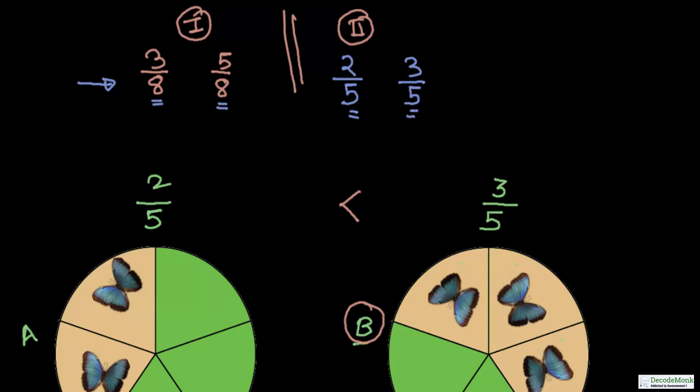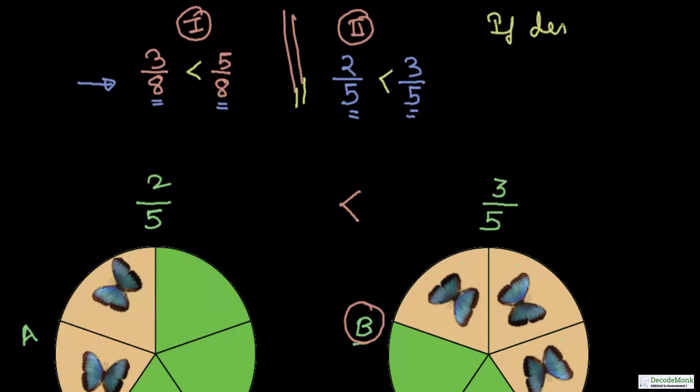In the first case we have 8 as the denominator for both fractions. In the second case we have 5 as the denominator, or the bottom number, for both. You have noticed that 5 upon 8 is greater than 3 upon 8, and here 3 upon 5 is greater than 2 upon 5.